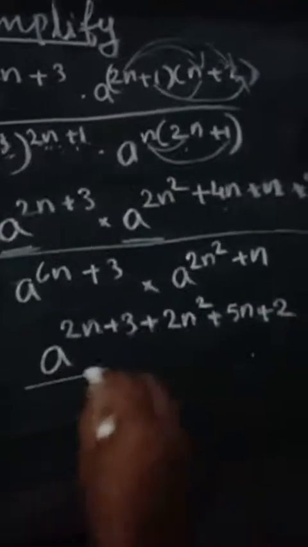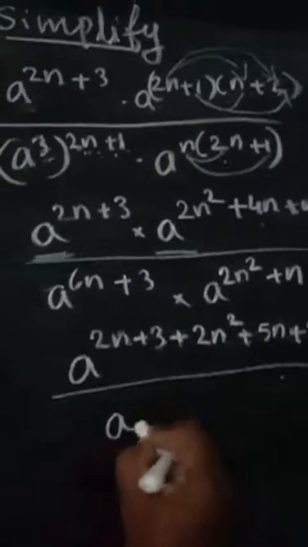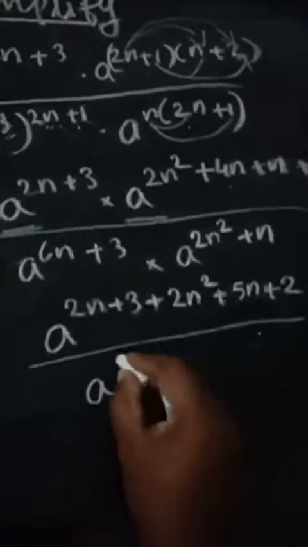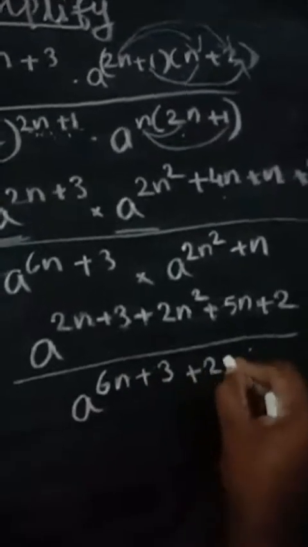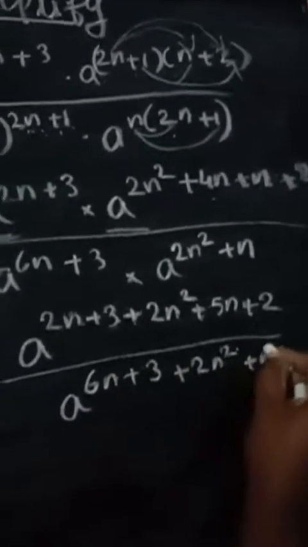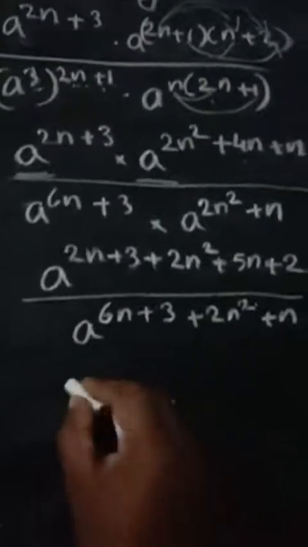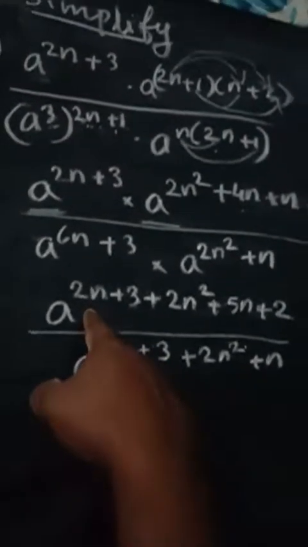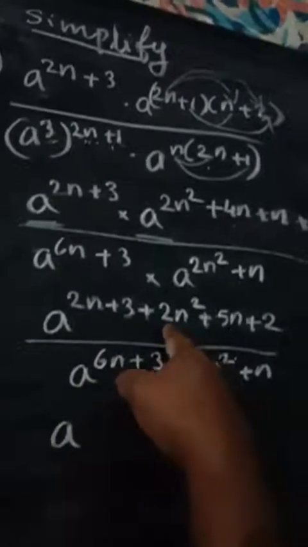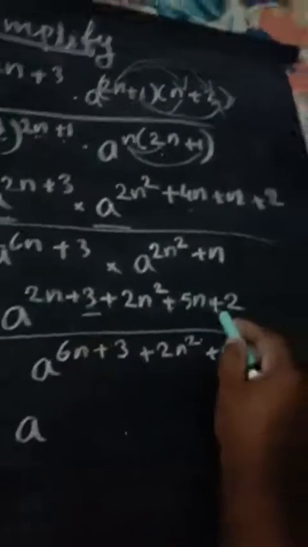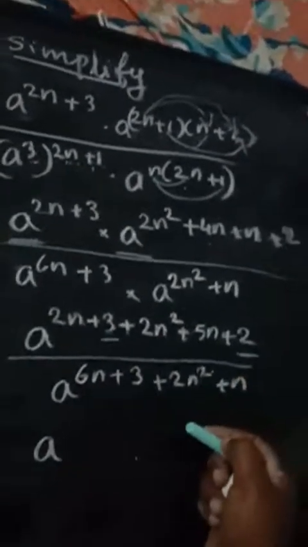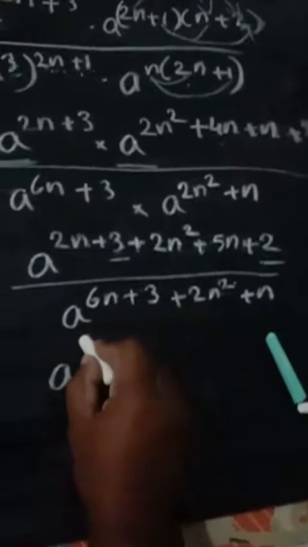Okay, and in the denominator it is a raised to 6n plus 3 plus 2n square plus n. We want to arrange once again this one. That means a raised to here 2n plus 3, 2n square, 5n and 2. Arrange constant 3 plus 2, 5.